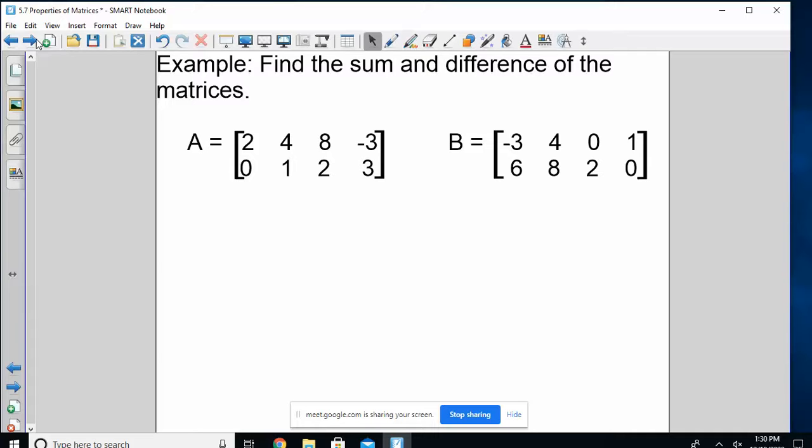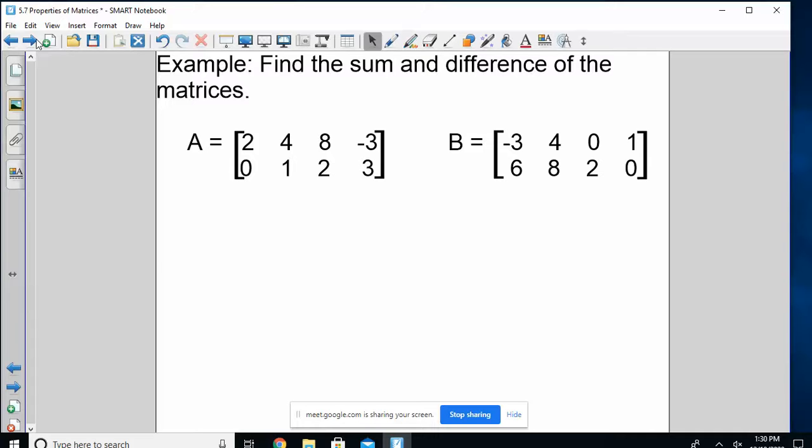Because this one, if I'm talking about the size, we say it's a 2 by 2. It has 2 rows and 2 columns. This one has 2 rows, but it only has 1 column. We can't add everything because they're not the same size. So in this case, if I told you to add them, you would just tell me no solution because they don't match up. But the one I put up on the board, we can add.